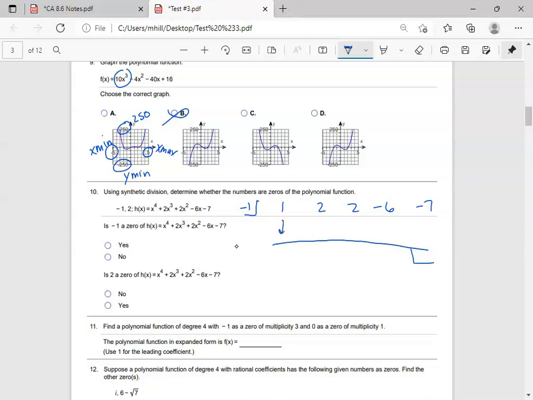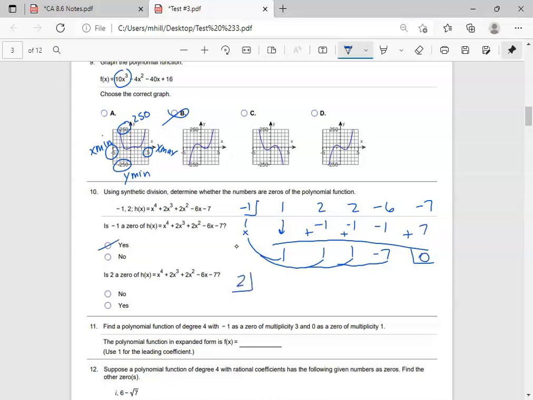I'm going to move my 1 down. 1 times -1 is -1. 2 plus -1 is 1, times -1 is -1. -6 and -1 is -7, times -1 is 7. And I got 0 as a remainder, which means that yes, -1 is a 0.